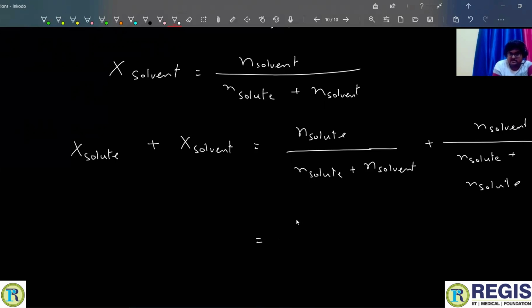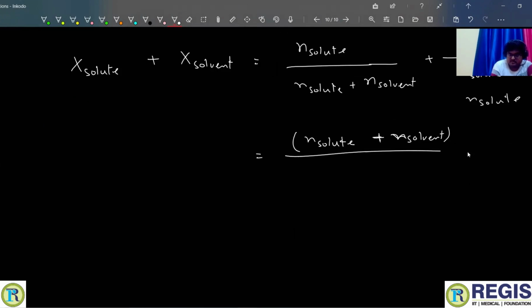After calculation, it becomes basically 1.